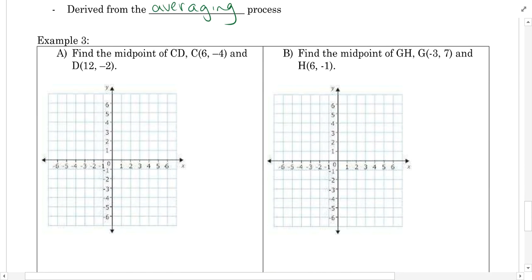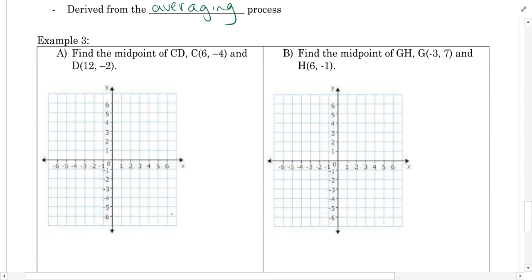So looking at example 3, it says find the midpoint of CD. So C is located at 6, -4, and the D is at 12, -2. Oh my goodness, and my graph does not go to 12. How horrible is that? So we're just going to have to improvise.